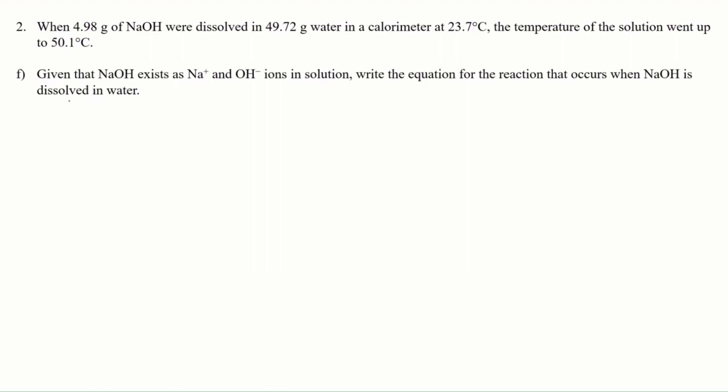Part F. Given that sodium hydroxide exists as sodium plus and hydroxide minus ions in solution, write the equation for the reaction that occurs when sodium hydroxide is dissolved in water. So here basically they just want what the chemical reaction will be when solid sodium hydroxide dissolves in water.